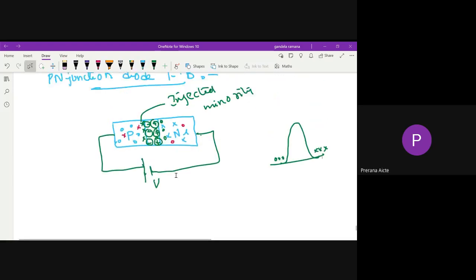Because the voltage we applied is only to reduce the barrier height, not for drift. So carriers are ready to move from this side to this side. That is why in a PN junction diode the current is mainly diffusion current.